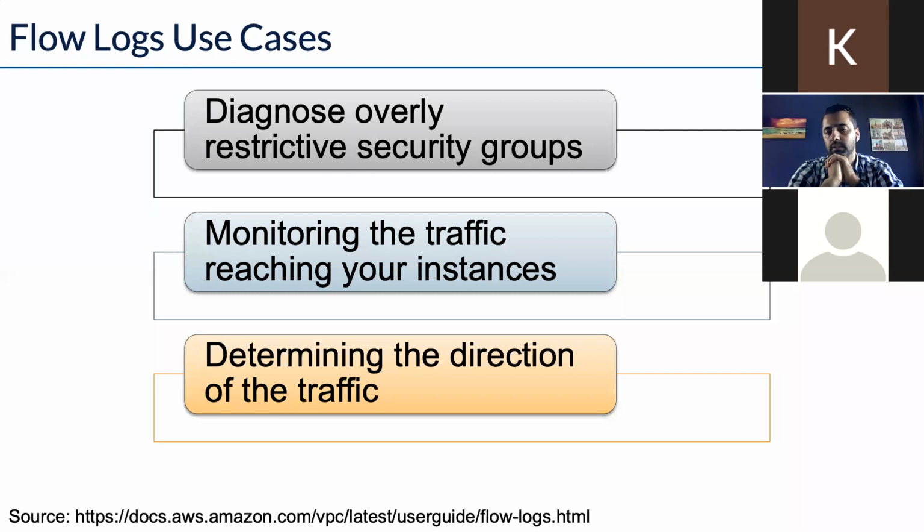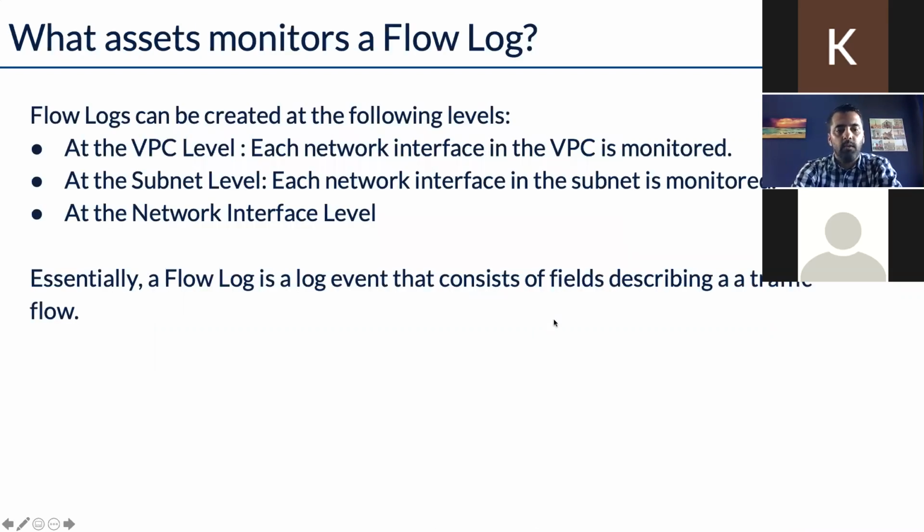So one option is that you can monitor the traffic from the security groups and start enhancing, like applying more rules and things like that. You can monitor the traffic reaching your instance, and you can determine the direction of the traffic, the routing and everything like that.